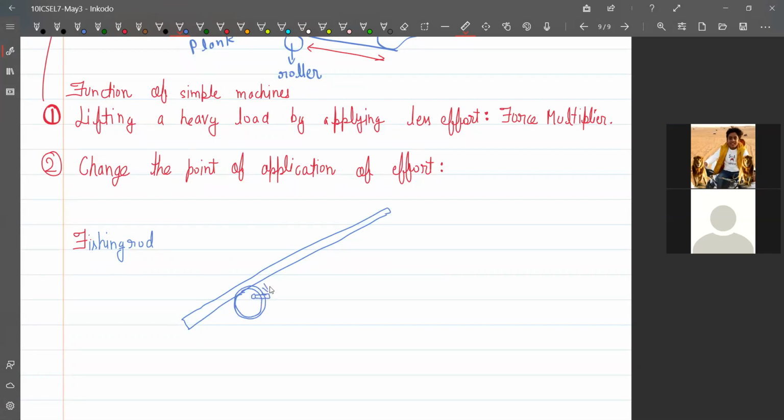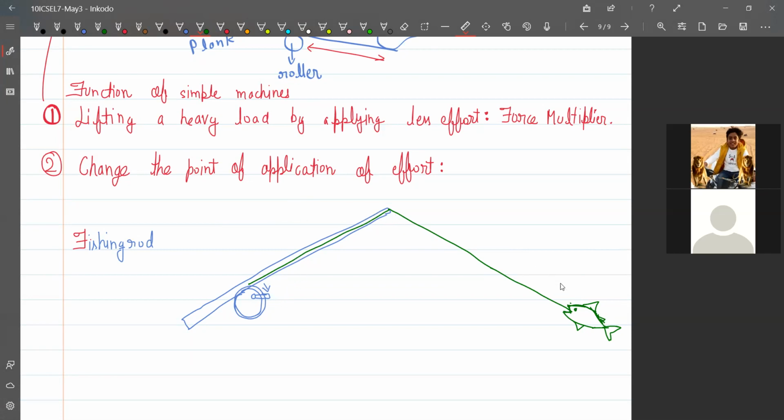You can apply force over here, but you see that the string which is attached to it gets pulled. And suppose you have a fish here. You cannot directly apply force on the fish. Of course, you can do it, but it's not suggested that you go in water while fishing. So here, the point of application of effort is changed.